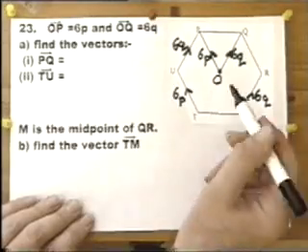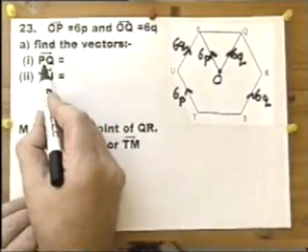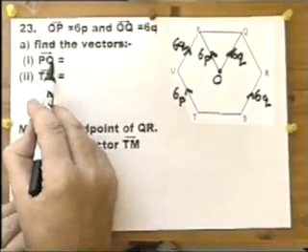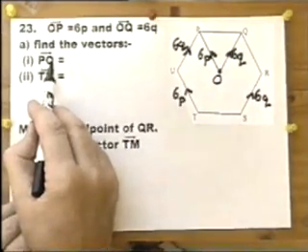So here goes. First I'll find the vector P to Q. That means start at P and move to Q. You could do that several ways.